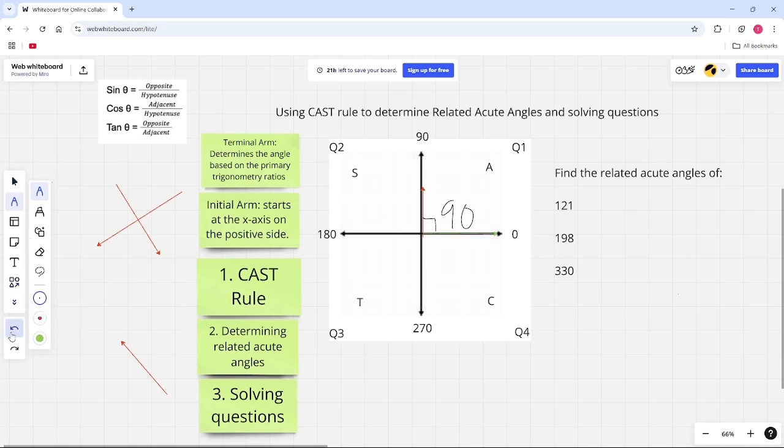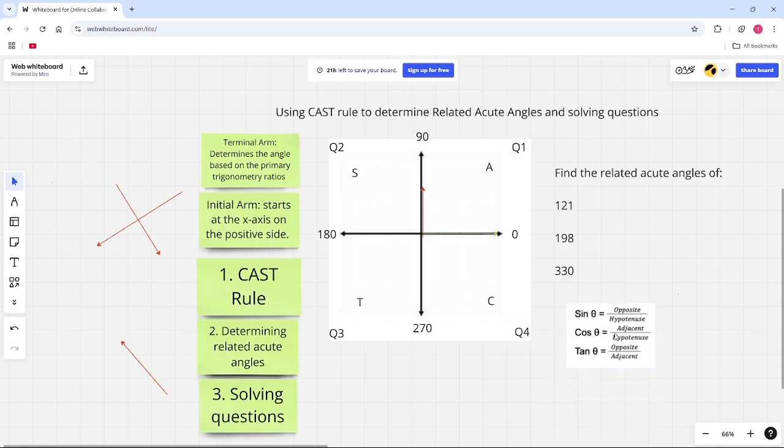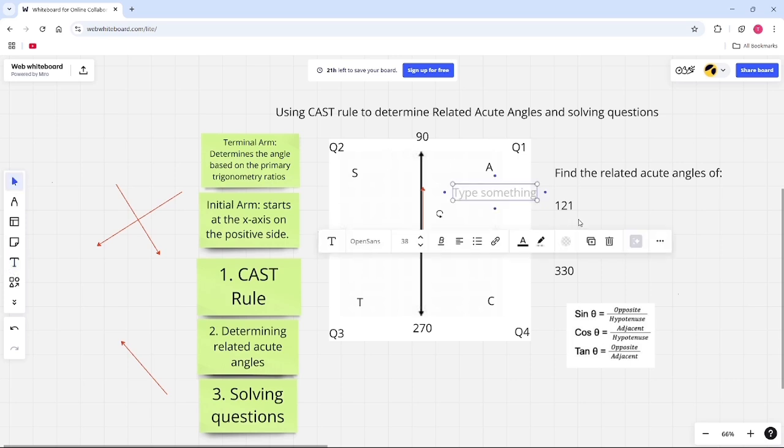So now, let's look at the CAST rule itself. Essentially, what the CAST rule tells us is that these trigonometric ratios, their outputs would be positive within their own respective quadrants. As you can see, I have A, S, T, and C. Let's have a really basic example over here. Try putting sine 25 into your calculator.